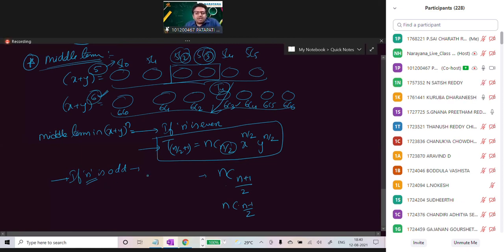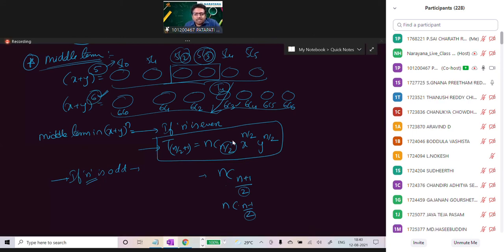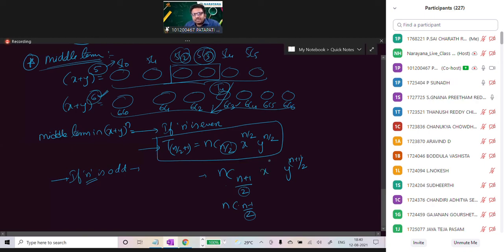See, if n is odd, because we cannot directly divide by 2, we add 1 and divide by 2, and we subtract 1 and divide by 2. Is it okay? Now, what will happen? This y will have power (n plus 1) by 2, and x will have power such that the sum should be equal to n, n minus 1 by 2.